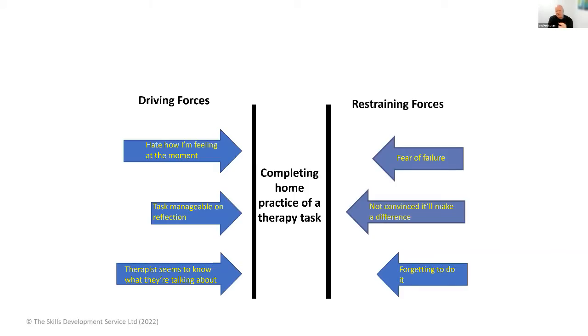You can make some sorts of adaptations to these, by the way. Sometimes what you can do is to actually list the driving forces and the restraining forces, and we can ask the client how big a role they actually think they play in what's actually happening.